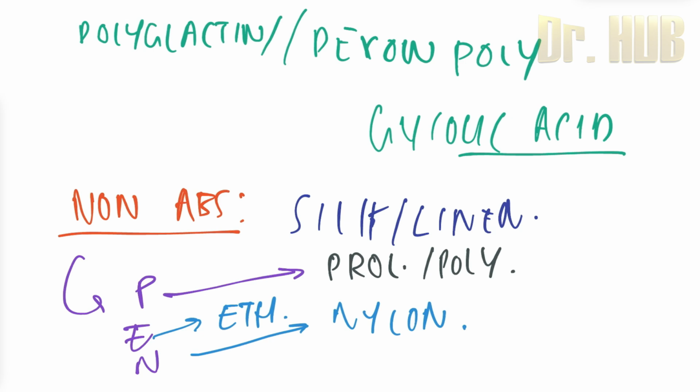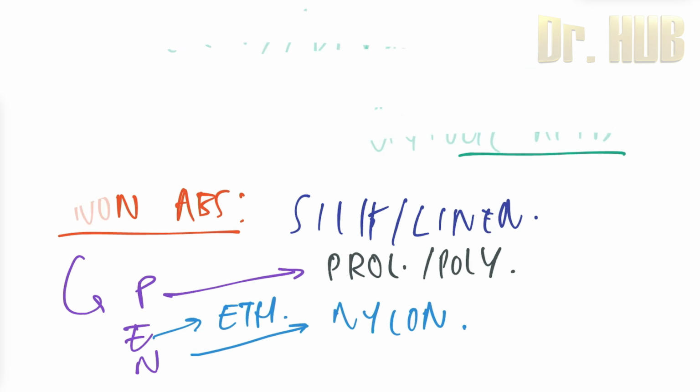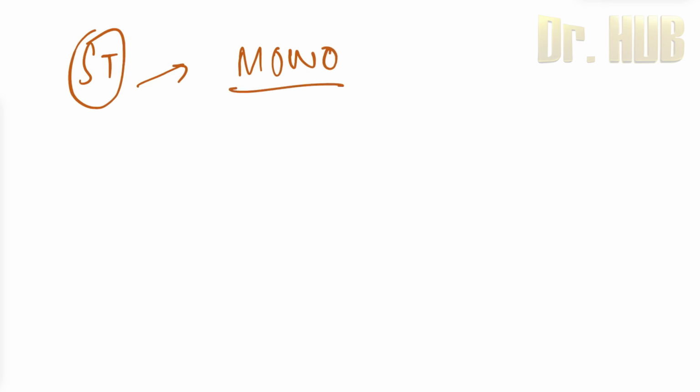Next is the classification based on the number of strands. Based on the number of strands, it includes monofilament and polyfilament. Monofilament means a single strand of fiber.